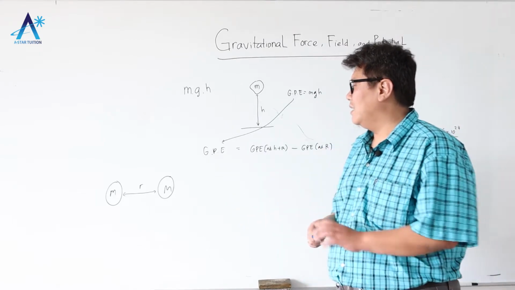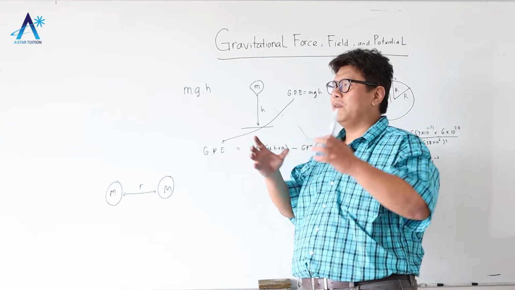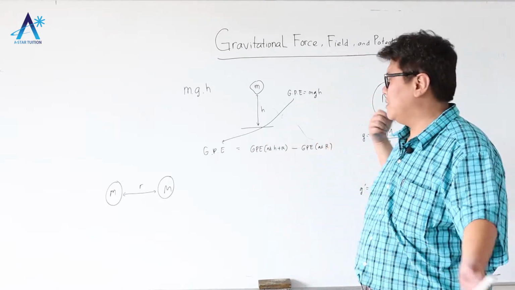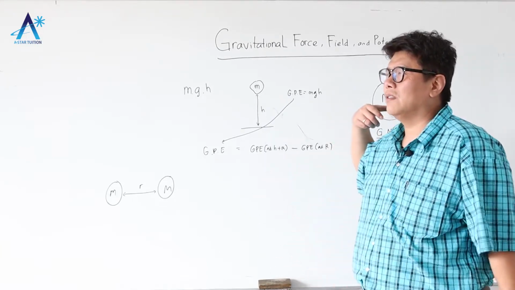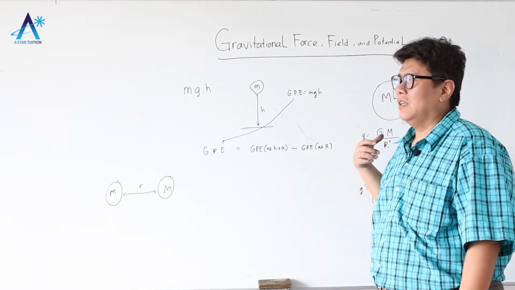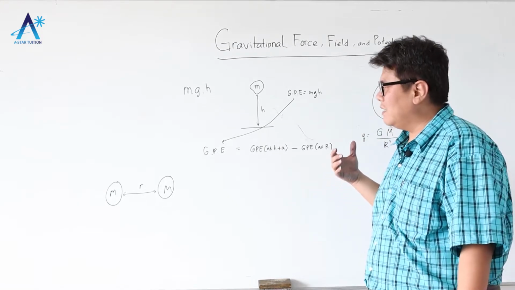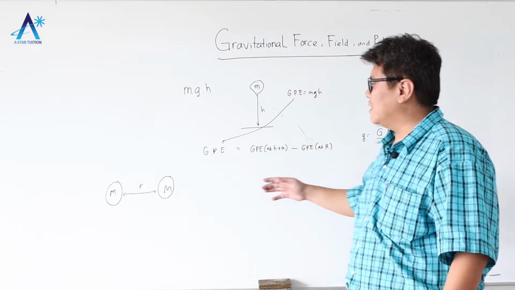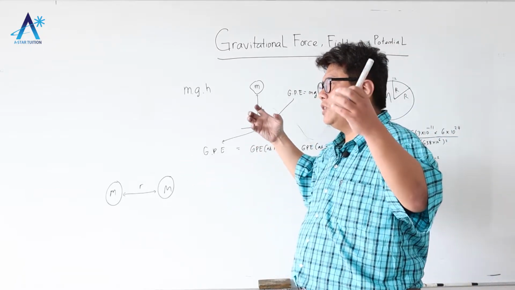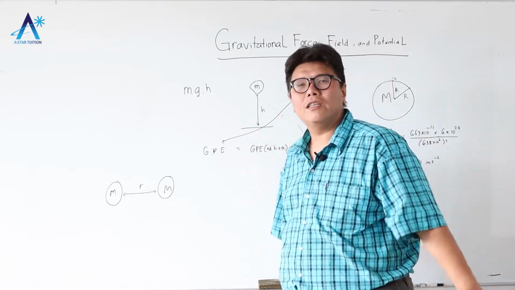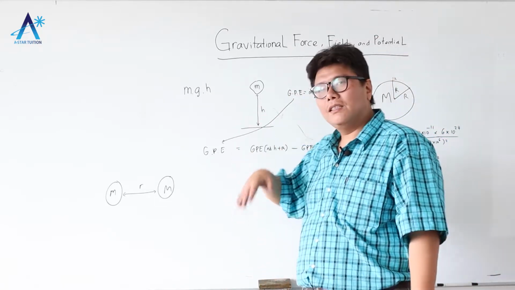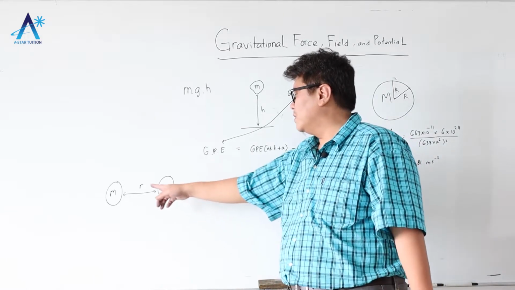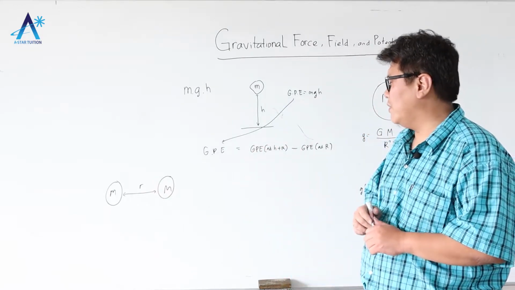Now the question is, if initially they are separated by a very large distance, which we identify as infinity, then because of the attractive force, they will eventually get closer and closer to each other. So what is the work done to move the two masses so that they are distance r away from each other?